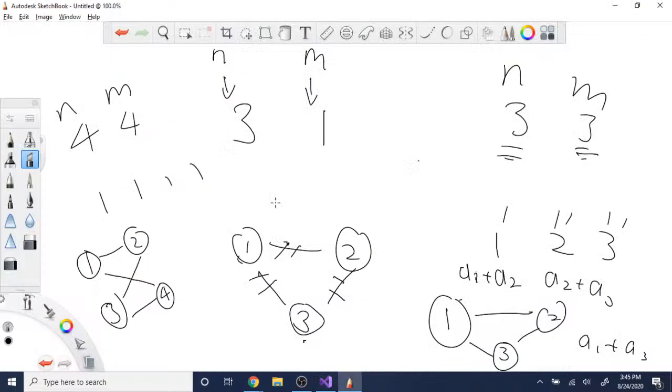Now we need to pair them up. So in this case of n equal to m, we have to pair up 1 to 2, 2 to 3, and 3 to 1. So to do that, we just have to pair up each number. So that'll just be 2 to 3, 3 to 1. Okay, so we just loop through all the nodes.